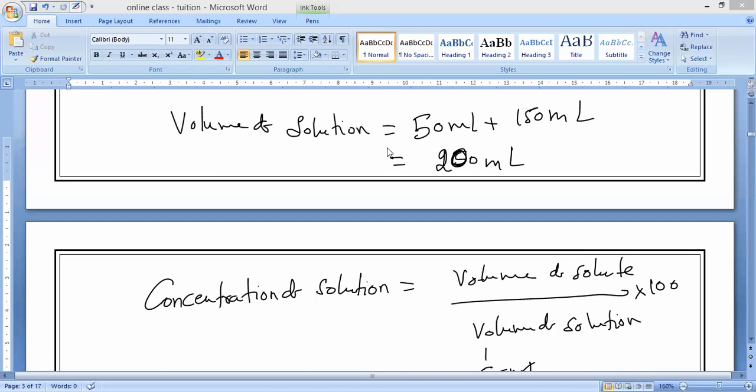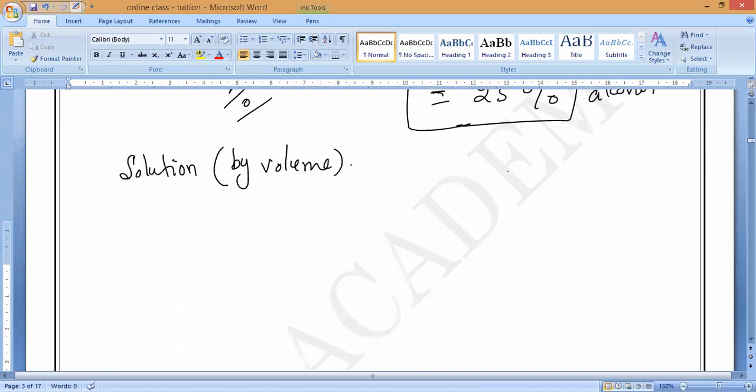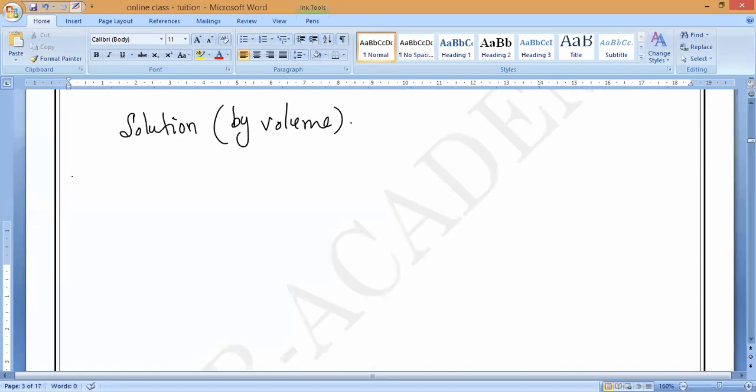Whenever they say mass concentration or volume concentration, it is for the solute only. In the case of a solid solute, it is mass concentration. A liquid solute means volume concentration. Understand? Solve it.